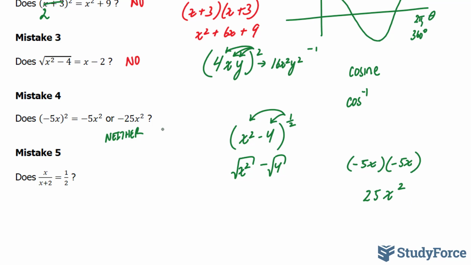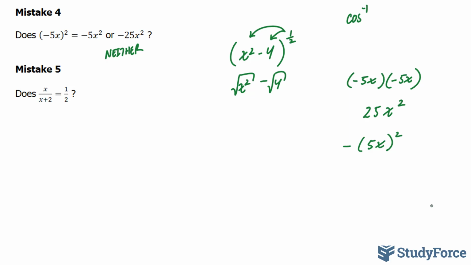The only way you would end up with negative 25x squared is if you put those brackets in between the 5 and the x. Only then will this 2 distribute to the 5 and to the x, where you end up with negative 25x squared.